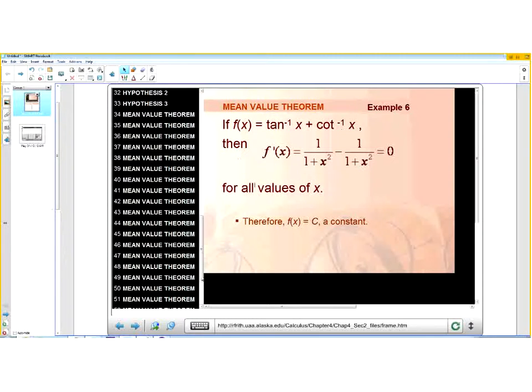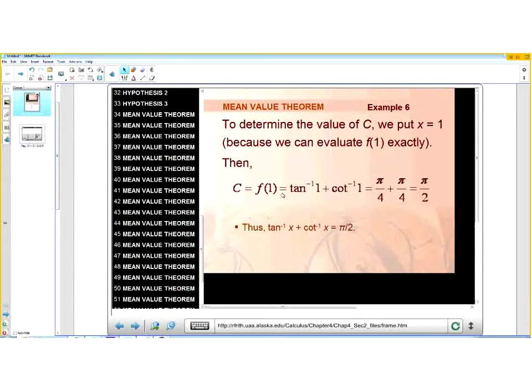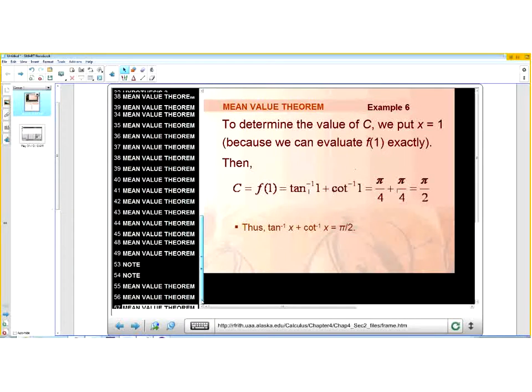So for all x you can just plug in 1. It doesn't matter really what number you plug in, but 1 is convenient because the inverse tan of 1 is pi fourth, and the inverse cotangent of 1 is pi fourth. But you could plug in any number you want, and you'll still get pi halves.